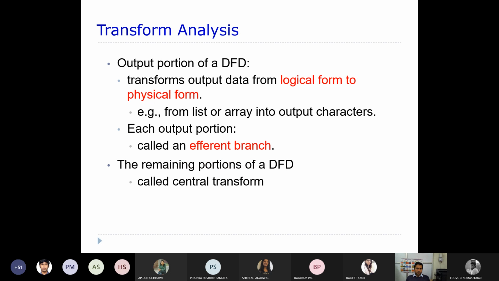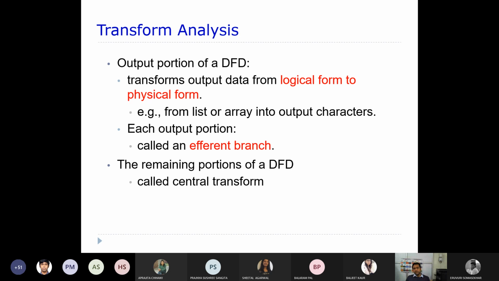Then you have the output portion of a DFD. Whatever output data needs to be given to the external entities, that is, the logical data in your system, will be converted back into a physical form that the entity can easily understand.